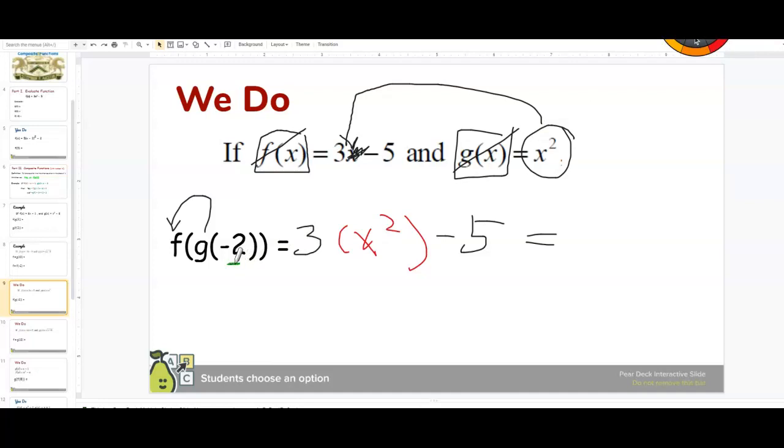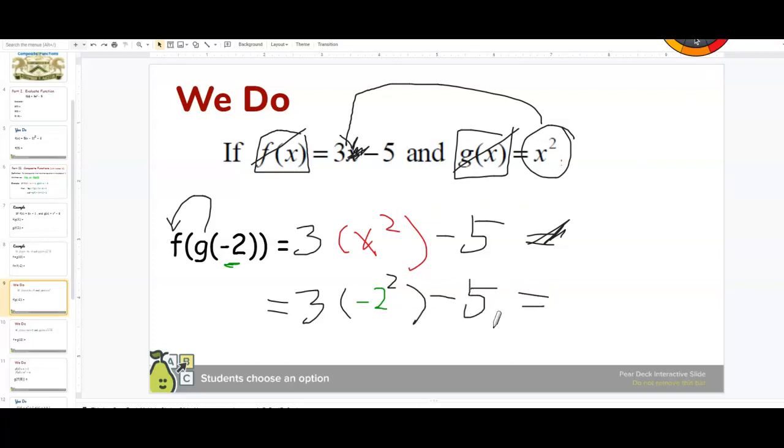So x equals -2. So you're going to replace x by -2. Let's put it this way. So it's 3. When you see x, replace it by -2 and keep copy. Then it's square, parenthesis -5.